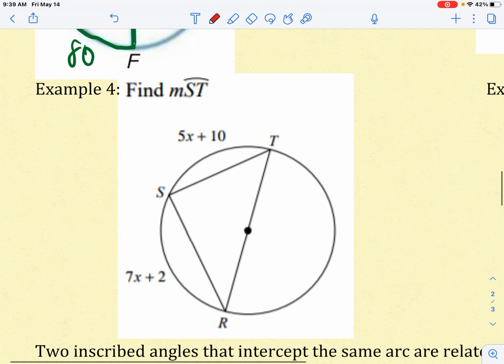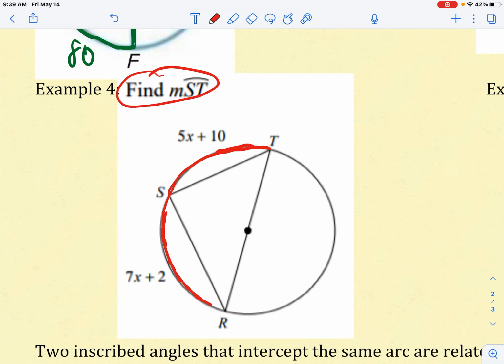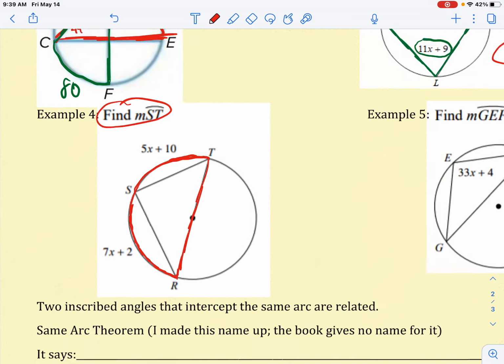So again, like in this problem, we need to find ST. Well, ST is this, right? Angle R is going to be half of ST, but we don't know what angle R is. So you may have to think, what about all the way around? What if I did half? This is half a circle. That's a semicircle, right? See if you can figure out arc ST from that.